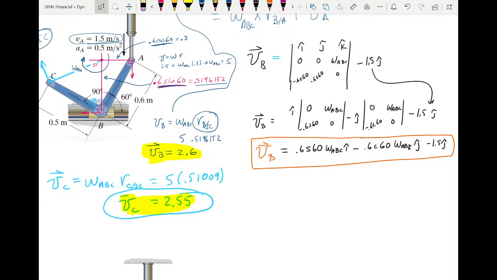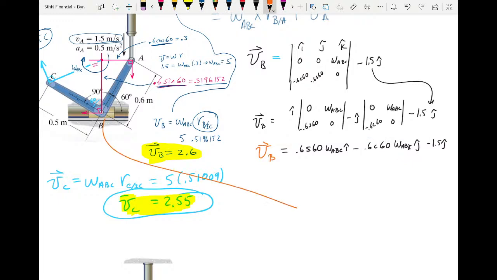Since I've already written these terms, I'm going to go ahead and recognize that the velocity of B is confined to move inside that cylinder, so it either moves to the left or right. If A is moving down, it's obviously moving to the left. I'm going to purposely assume it to be moving to the right, just so I can see what happens.